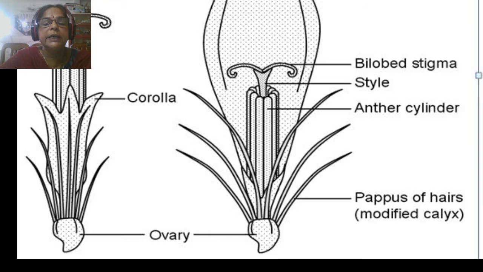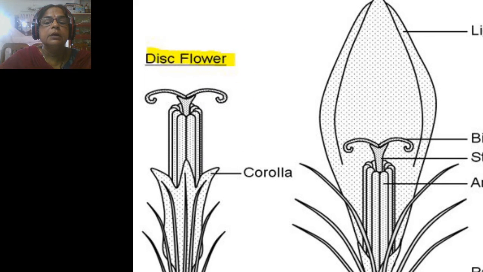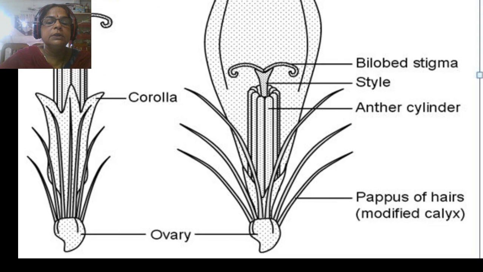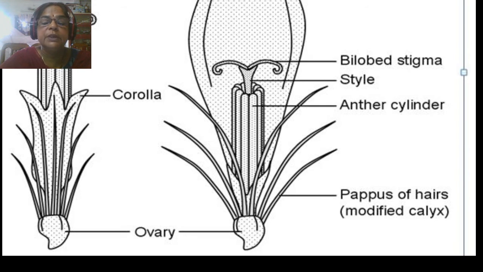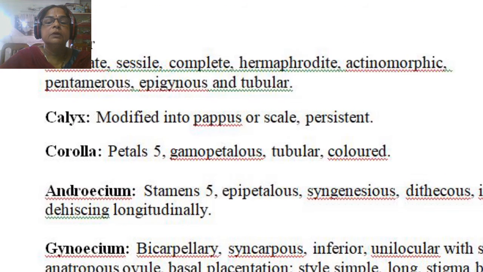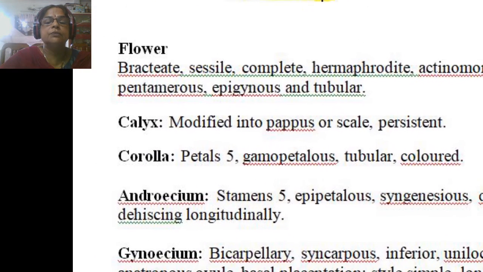This diagram shows the ovary is inferior and all floral parts are superior. In this floret you will find the bifid stigma, syngenesis anthers, this is the corolla, pappus and ovary. So these are the two types of floret which are present in the composite.